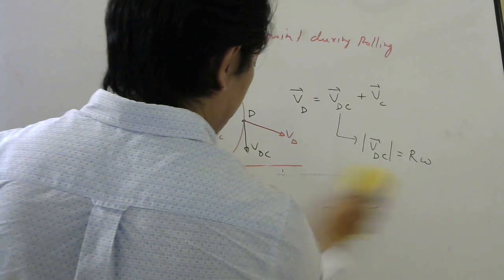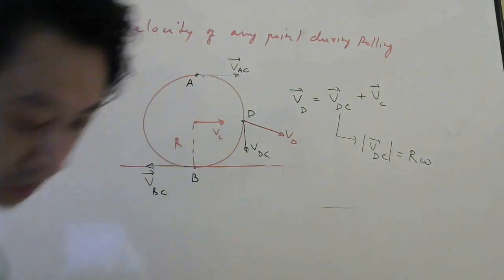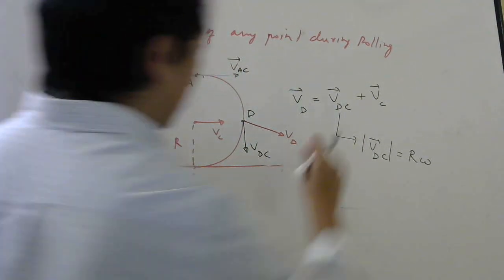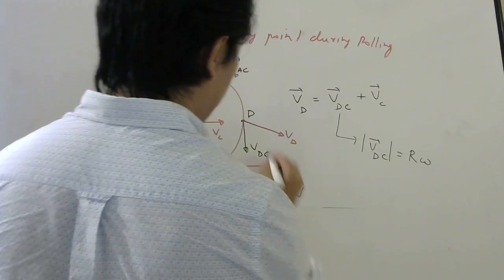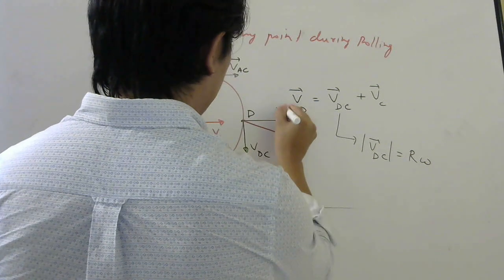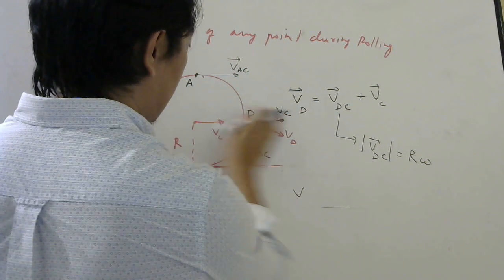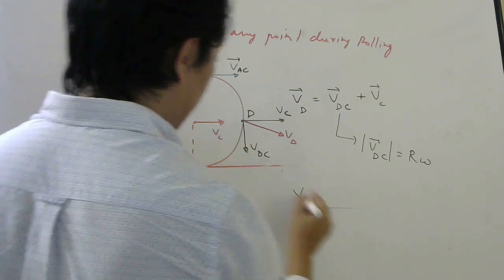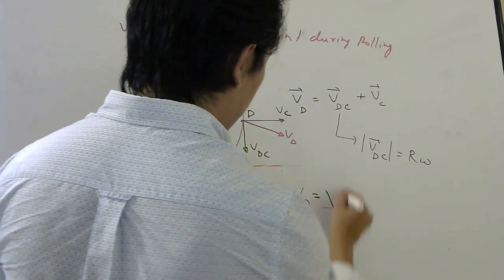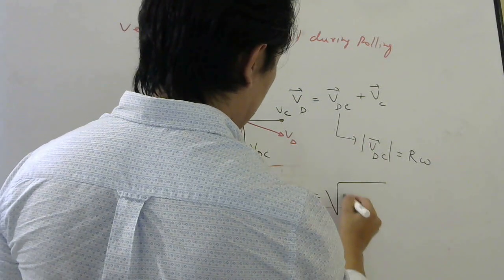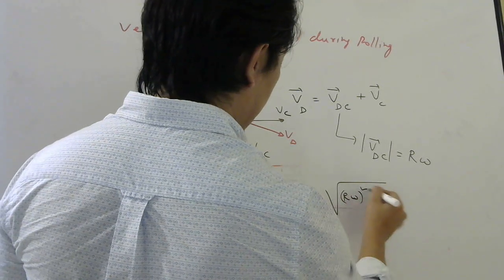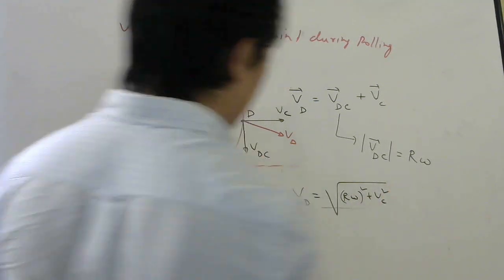Magnitude of that velocity will be root over. Now these two vectors are perpendicular. Right? VC is here, no? This point VC is this side. So you have to add this VC with this VDC. So VD will be root over of the magnitude of this, (r omega) square plus VC square.